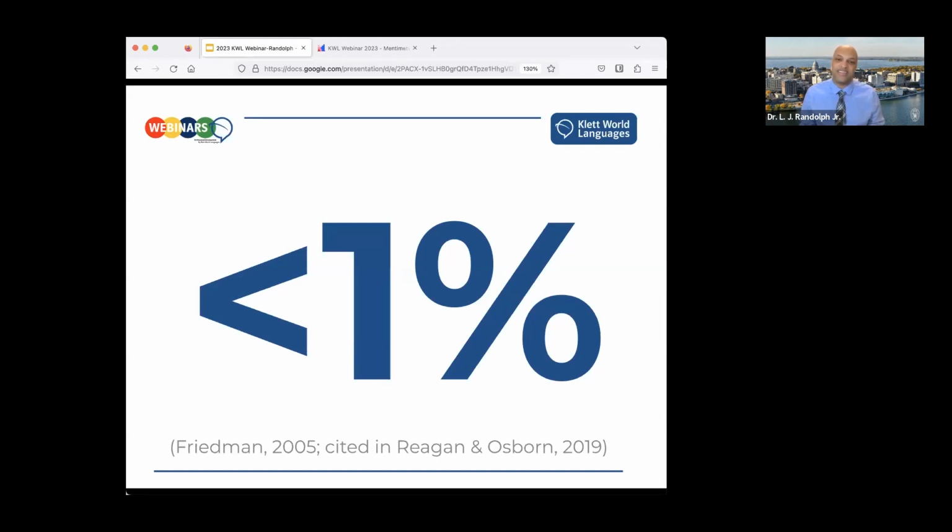And so if proficiency is the only goal of language education, then there's a huge disconnect. We need to think about what proficiency means in the context of other relevant and important goals in learning a language.